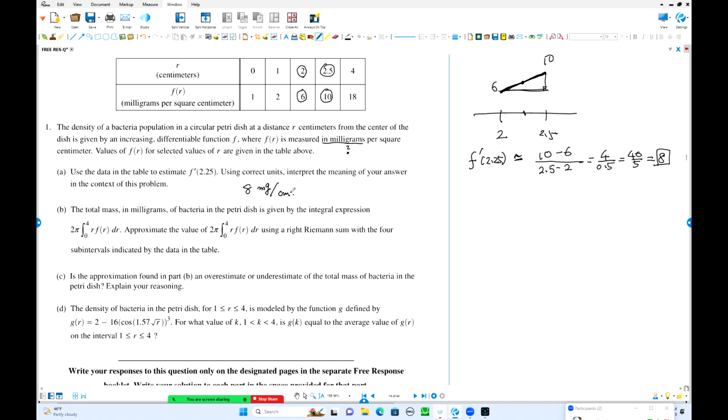The unit is milligrams per square centimeter, per another centimeter.